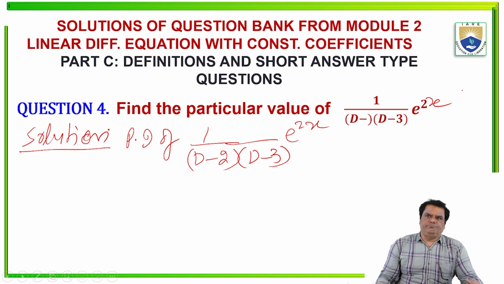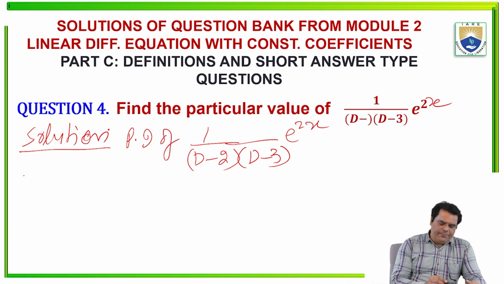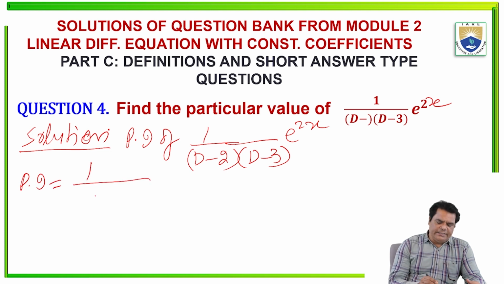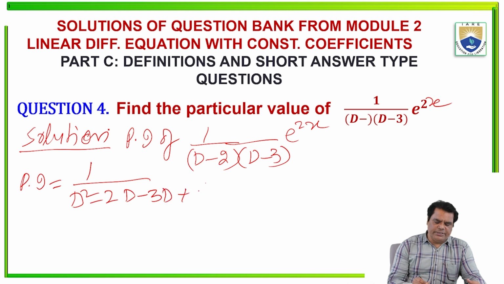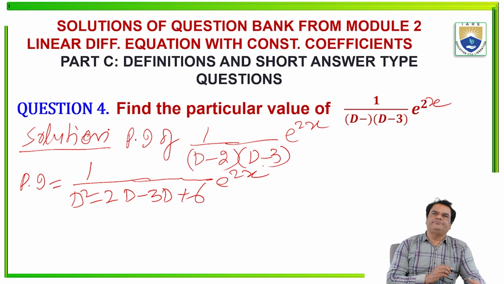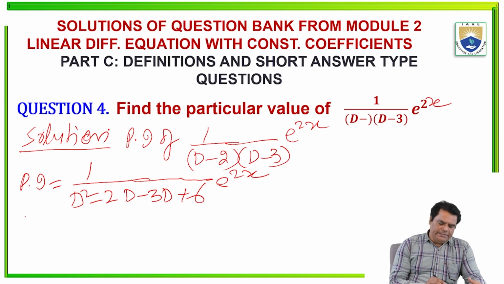This is the question. So how can we find PI here? PI equals 1 upon, multiplying this out, D square minus 2D minus 3D plus 6, into e to the power 2x.